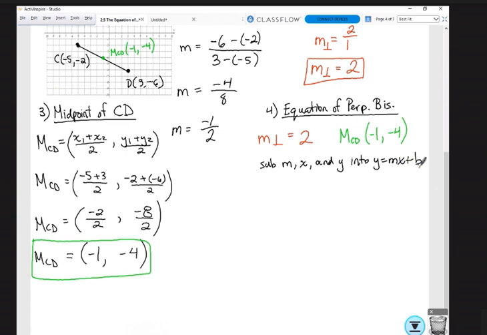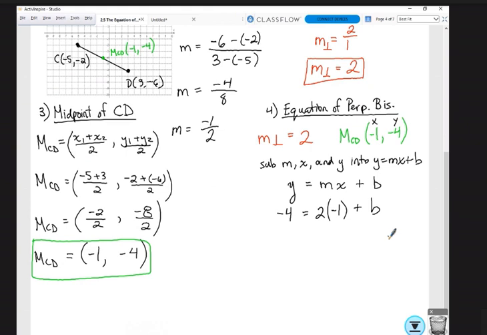I wrote this little header here in case I wanted to take note of that. Just sub m, x and y into y equals mx plus b. This will be our x, this will be our y as always. So we get something like -4 equals 2 times -1 plus b.